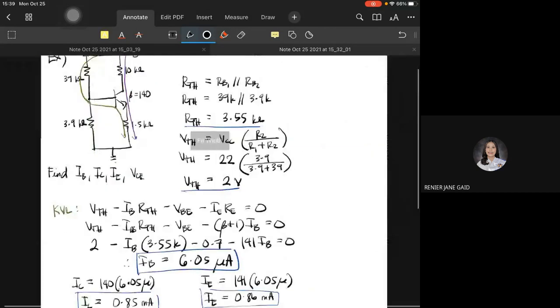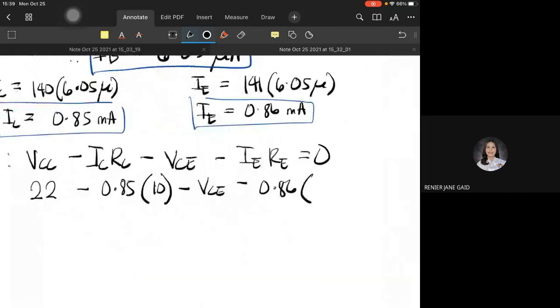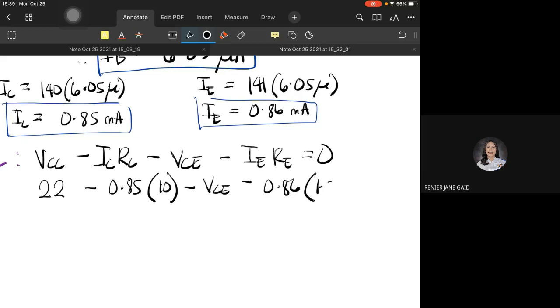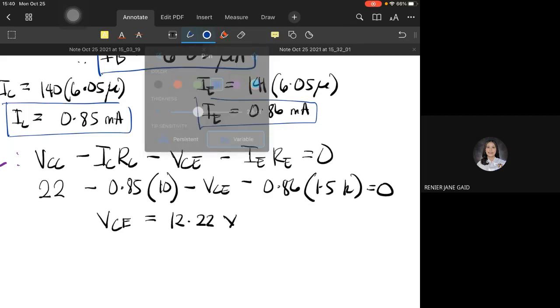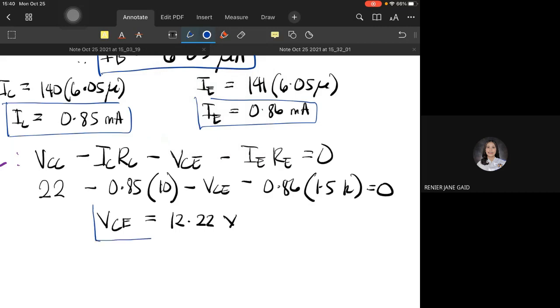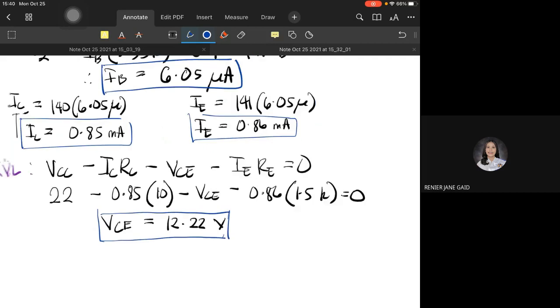Yeah, 1.5K. Therefore, VCE is approximately 12.22 volts. Okay.